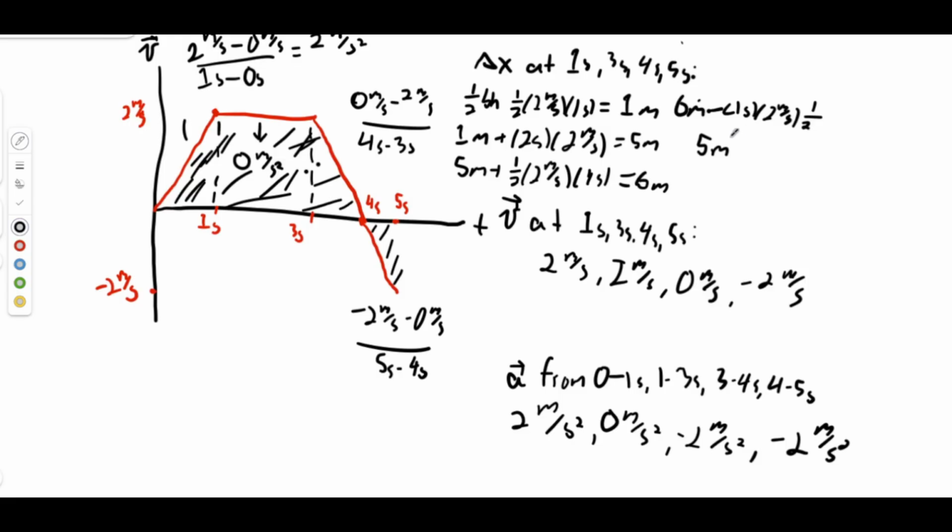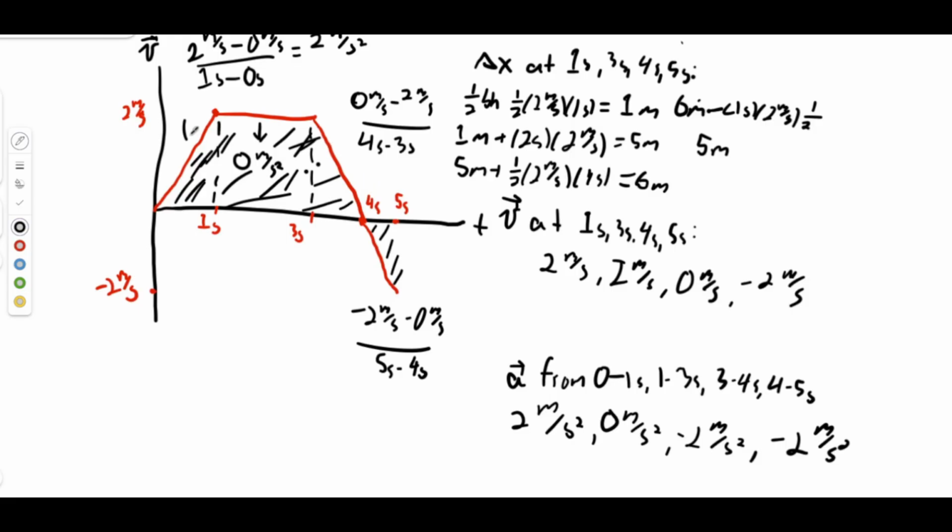Now I want to point something out. When is this speeding up? An object speeds up not when it has an acceleration, not when it has a positive acceleration, not when it has a positive velocity, but when the velocity and the acceleration are the same sign. So when does that happen?